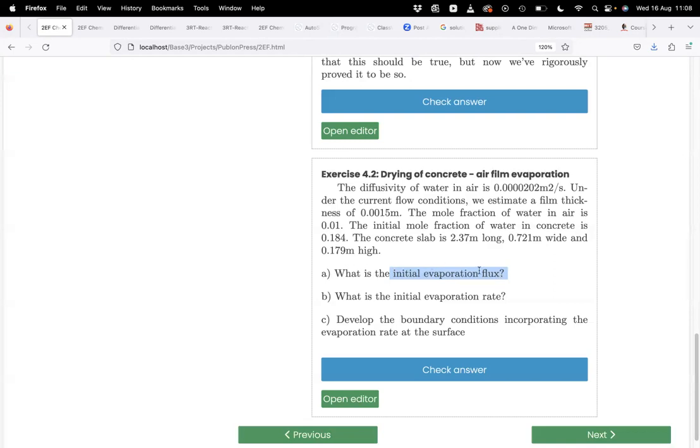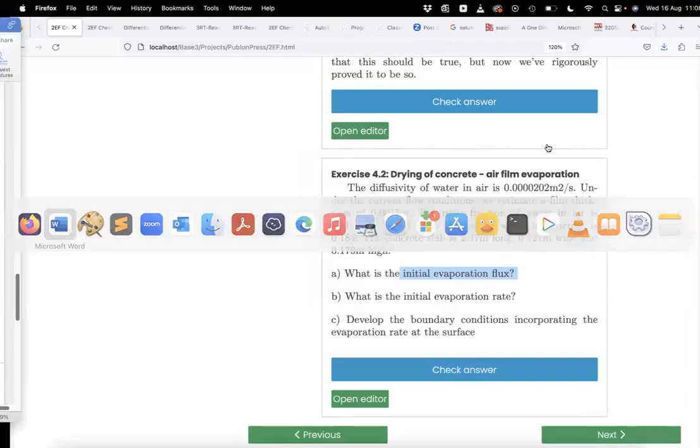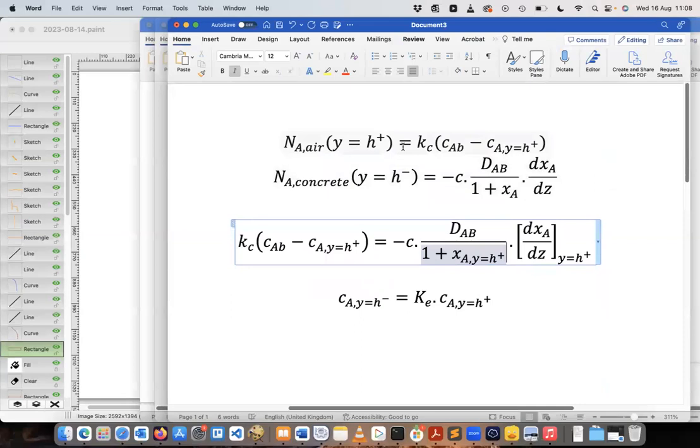So this part is really straightforward. If you look at this film expression, you've got a Kc here. Well, number one, we don't have Kc.